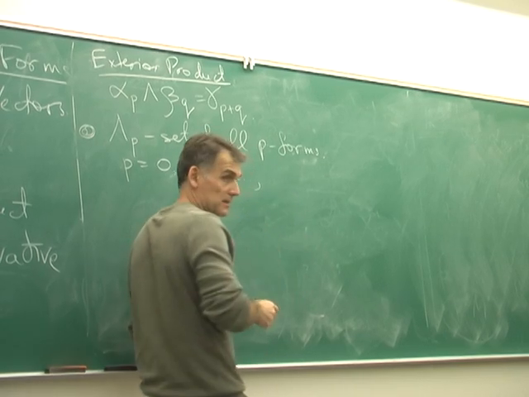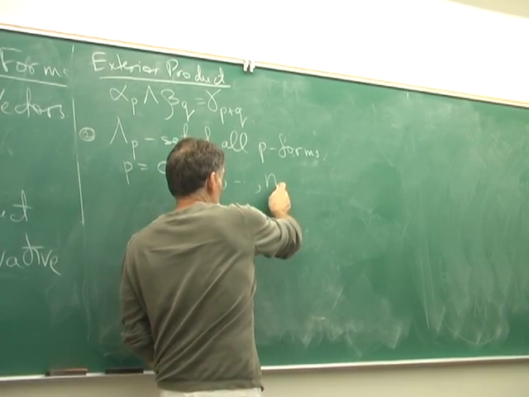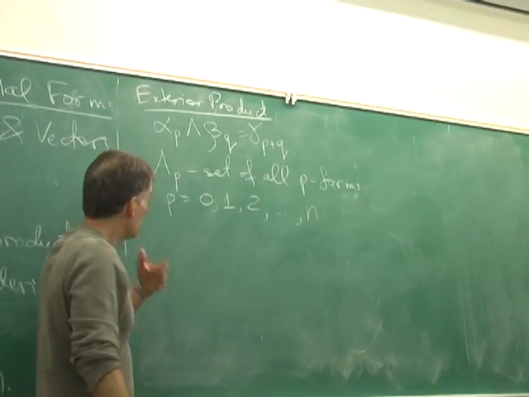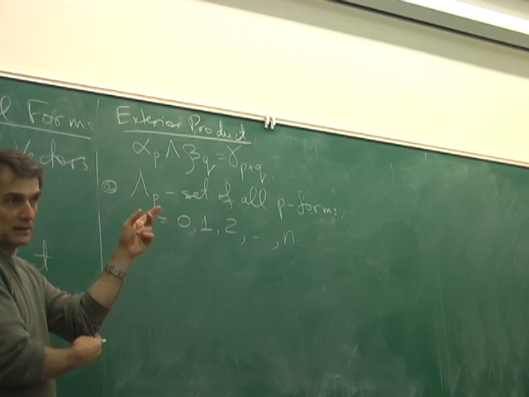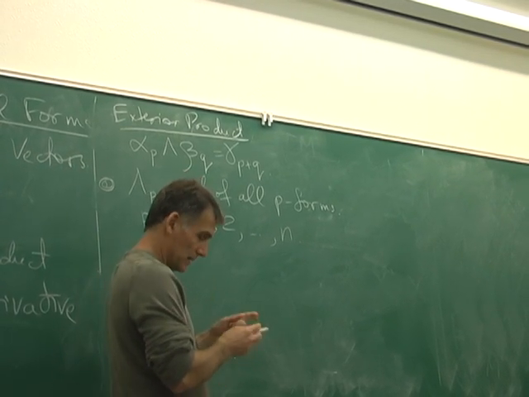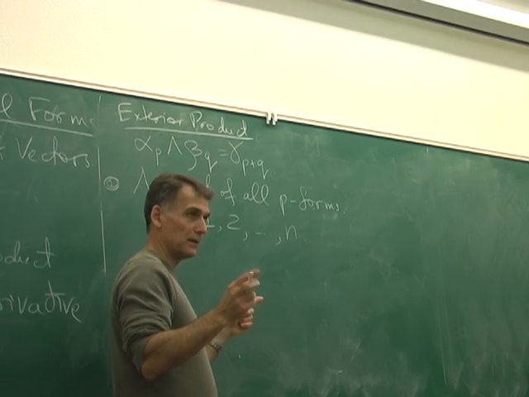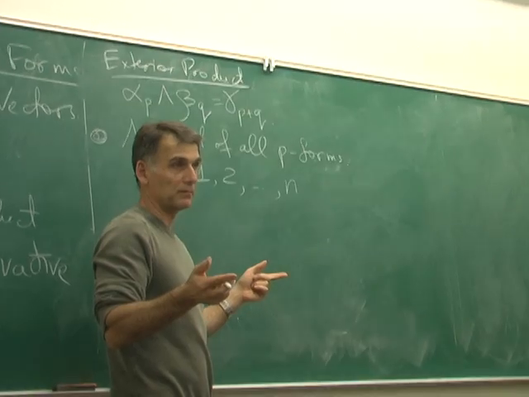And so what's the highest value that P can take? N. So these are N forms. And it cannot be larger than N because they must be antisymmetric, and you cannot have an antisymmetric tensor that has N indices, or more than N indices, and they have to be different.